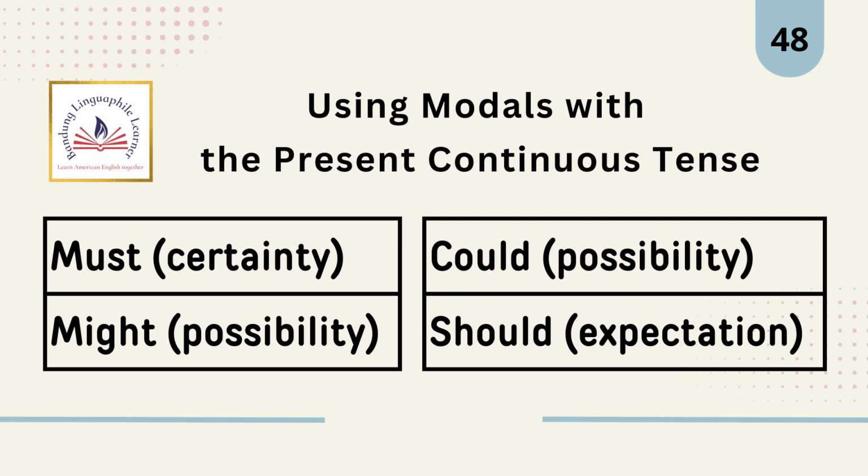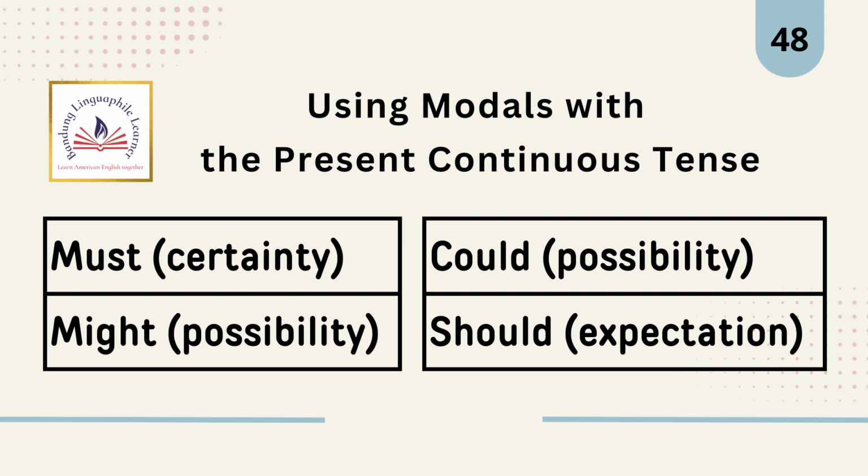Using modals with the present continuous tense. Four modal verbs are commonly used with the present continuous tense, such as must to express degrees of certainty, might to express possibility, could to express possibility, should to express expectation.